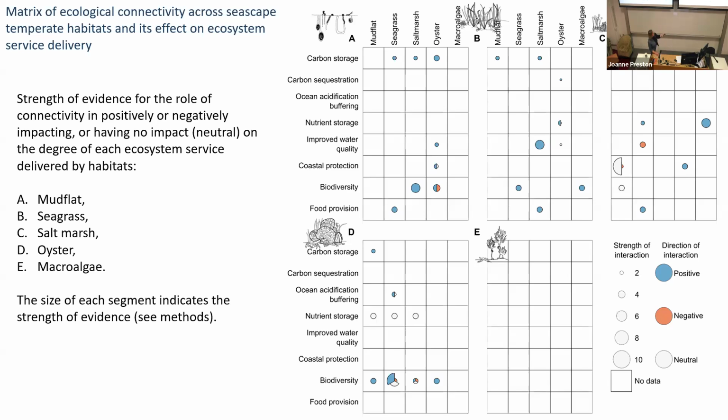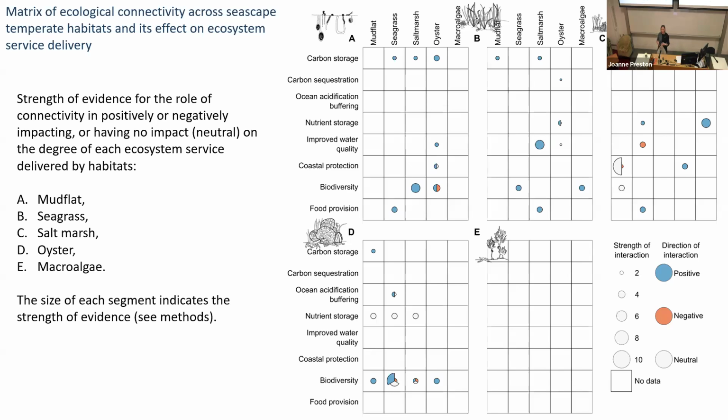Here, the oyster reefs and biodiversity, with the seagrass and a little bit the salt marsh, it all depends on your point of view. So we know that when you have oyster reefs next to seagrasses and salt marshes, there's an increase in crabs that are basically feeding on the epifauna living on the oyster reefs.